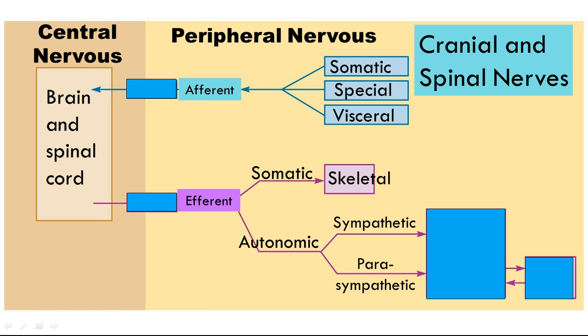So the question is then, why do we have these two subdivisions of the autonomic involuntary nervous system? We can't consciously control it, so it kind of just happens under the regulation of the brain and spinal cord. What else?